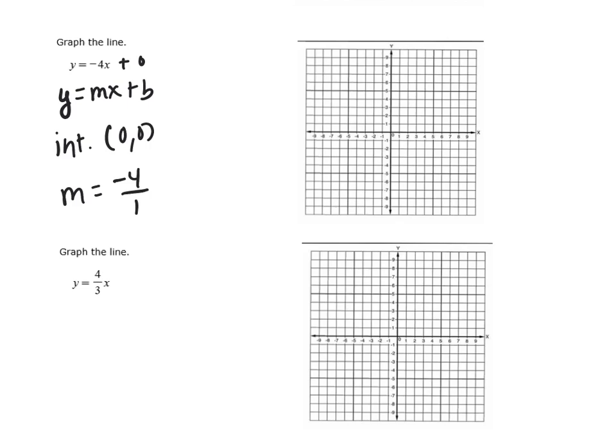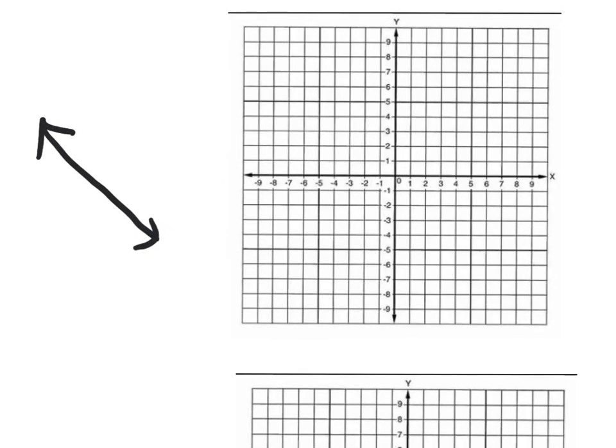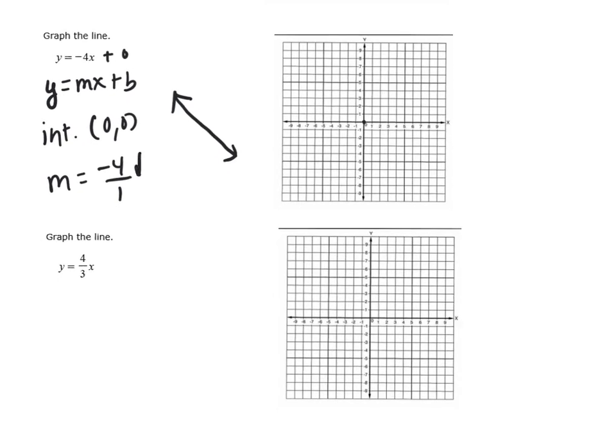So, because this is a negative slope, we're going down. So we're going to start at 0, 0. Okay, we're going to go down and right, or we can go up and left. Just kind of depends on which direction you want to go.